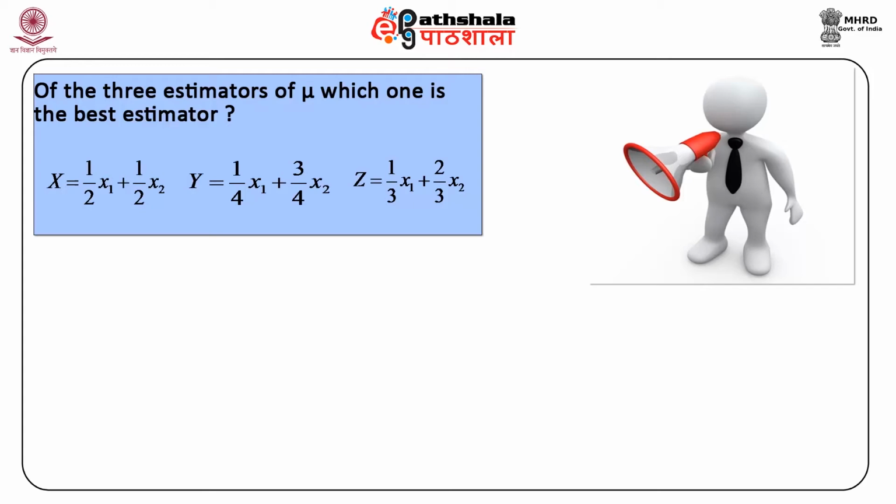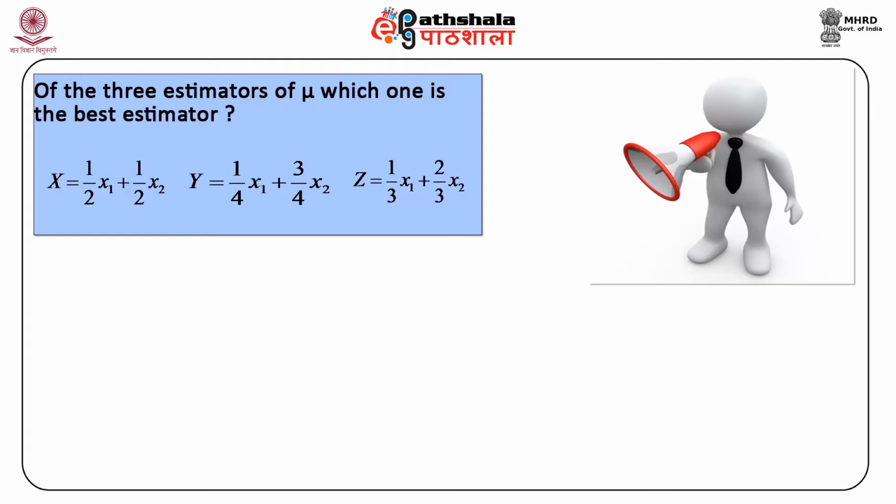Solution: X is equal to half X1 plus half X2, Y is equal to 1 by 4 X1 plus 3 by 4 X2, Z is equal to 1 by 3 X1 plus 2 by 3 X2 are the three unbiased estimators of population mean. We compare their variances to select the best estimator, that is the minimum variance unbiased estimator or the efficient estimator.